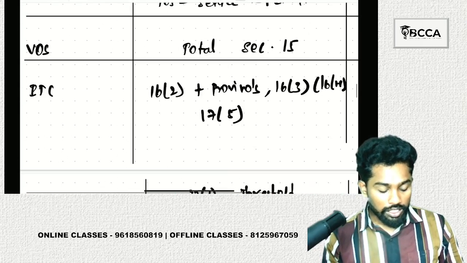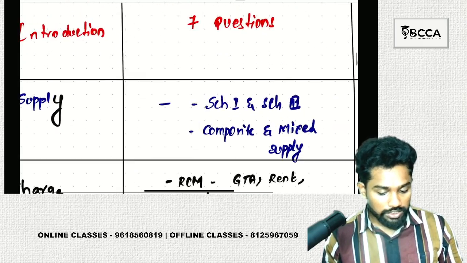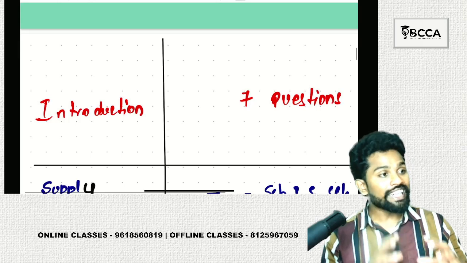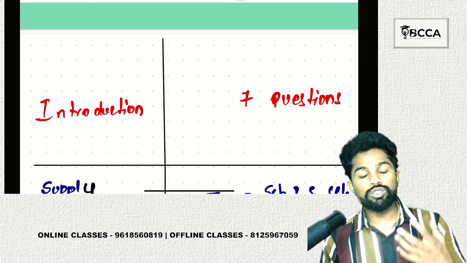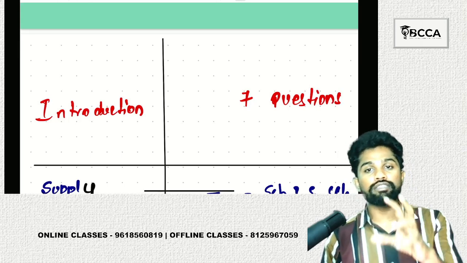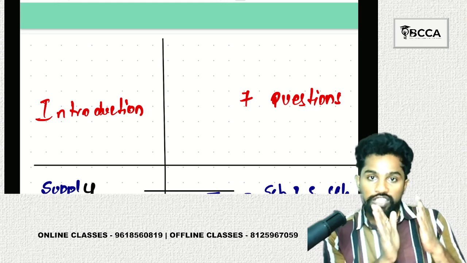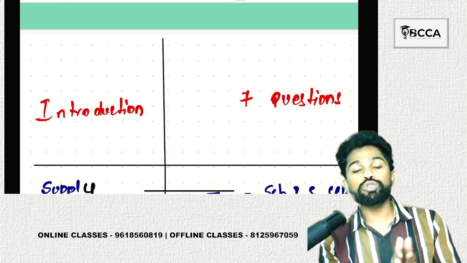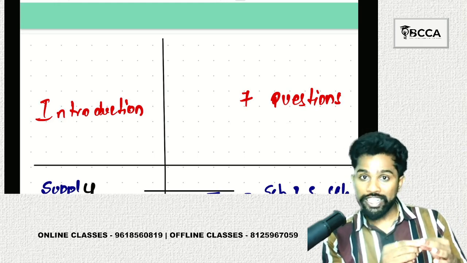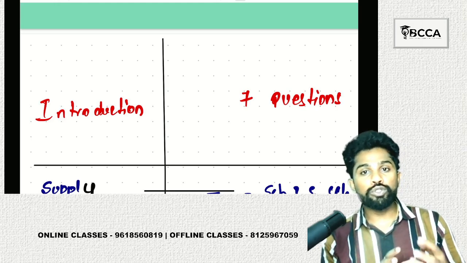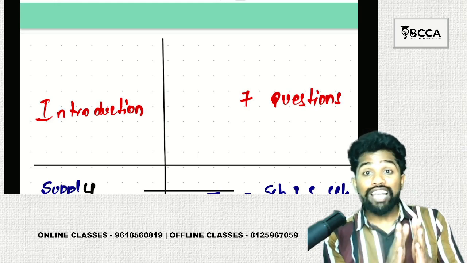Out of all these chapters, the important ones are the introduction related 7-mark questions, because out of these two there are fair chances of asking 2 questions, 14 marks, and from customs 1 question. So first you should focus on the introduction chapter, then customs, 21 marks covered here. Then your focus should be on the composition scheme. Then you should go to value of supply and ITC.